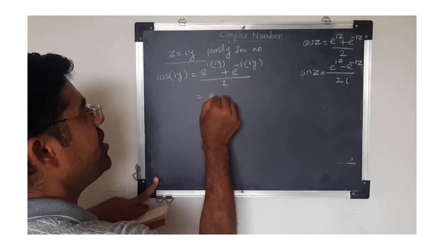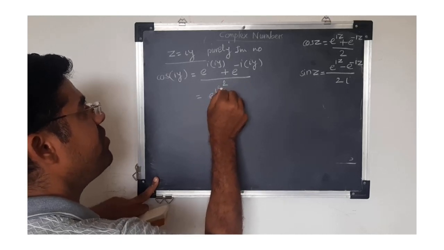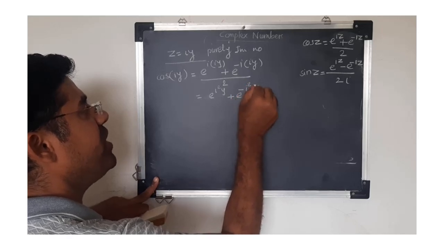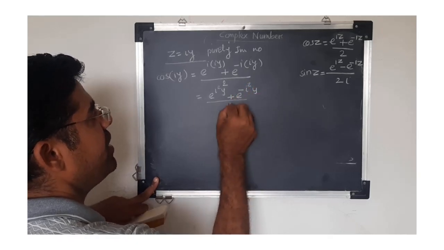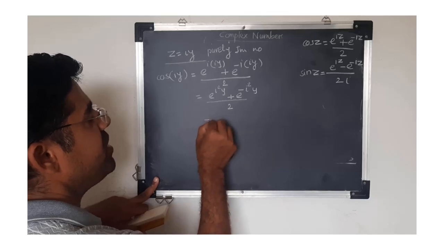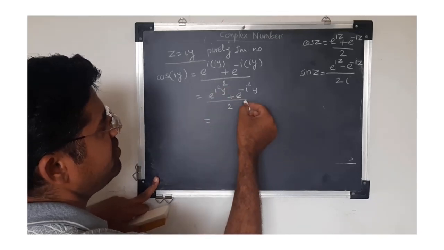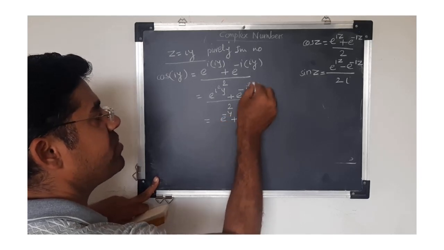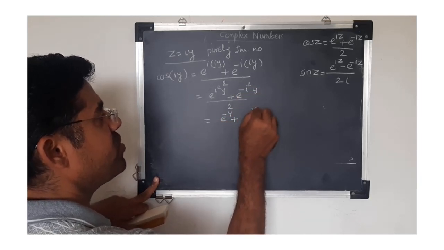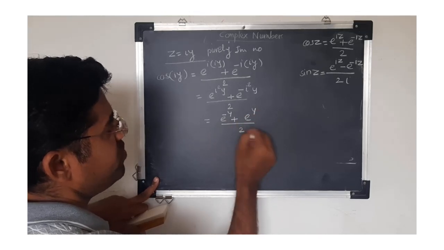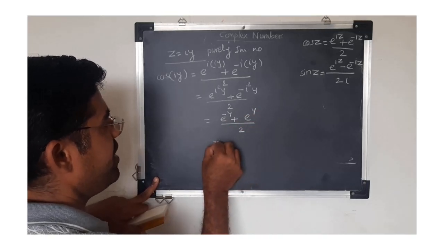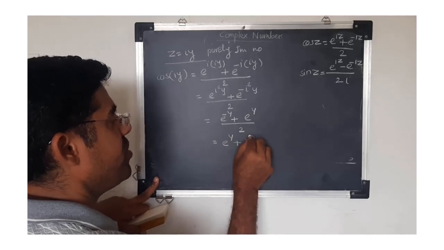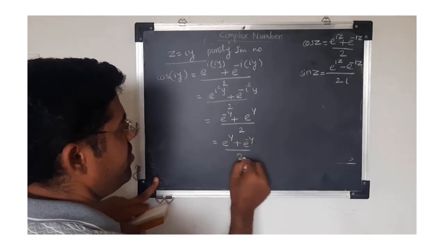So this becomes e raised to i squared y plus e raised to minus i squared y divided by 2. Now i squared is equal to minus 1, so this is e raised to minus y plus e raised to y divided by 2. So we can write this as e raised to y plus e raised to minus y divided by 2.